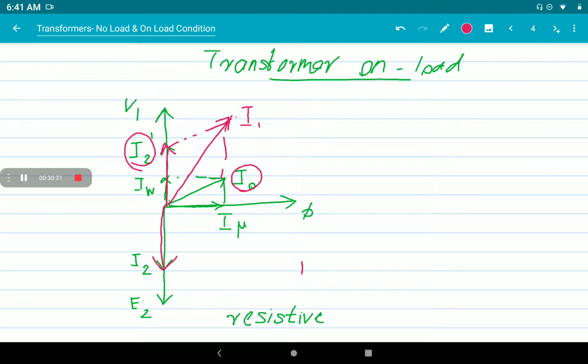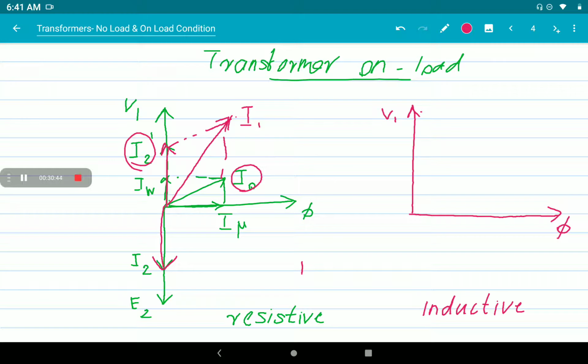Now we consider an inductive load. When the load is inductive, what will be the difference? You again draw the voltage phasor V1 and the flux phi in this direction, and the current.